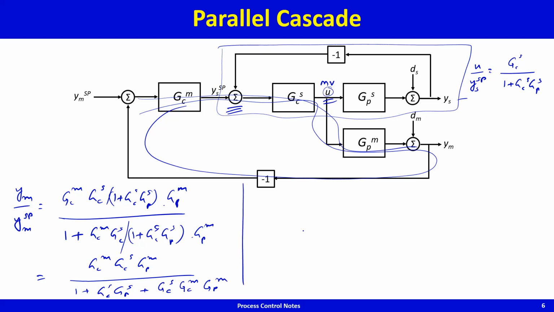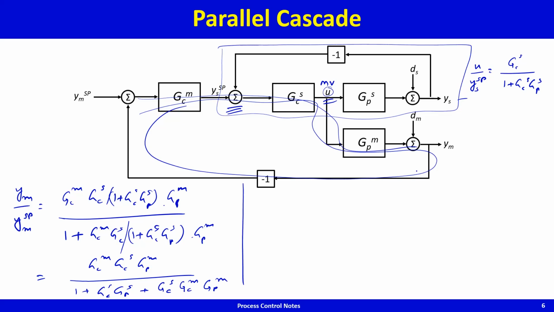So let's say the slave loop is off. If the master loop is off, then a disturbance comes, it causes a change, and that's the kind of change that will get caused in GPM.